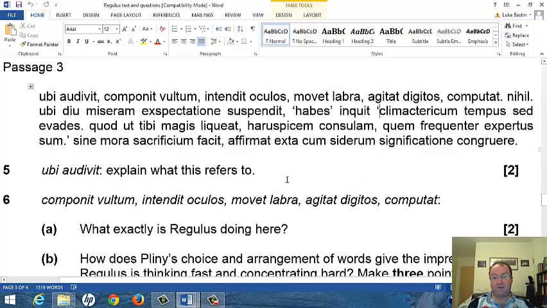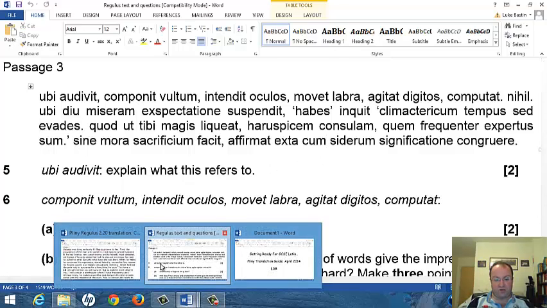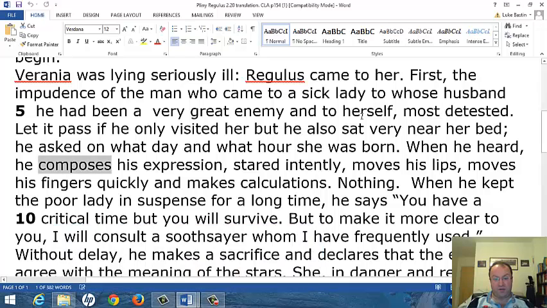Okay, he said evades, but future tense, you will evade it, you will get over it. Okay, now let's just contrast that to your translation. Make sure you're happy with how it works. Okay, you have a critical time. That's the climactericum tempus. Okay, you will survive. That is evades.